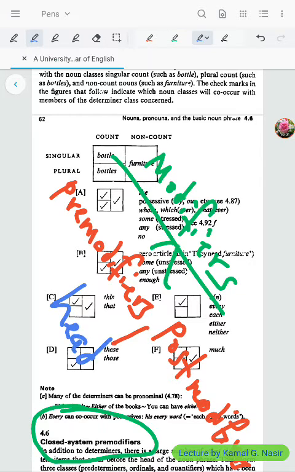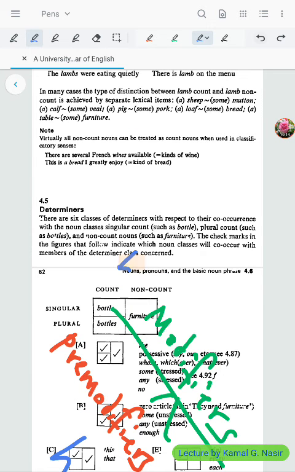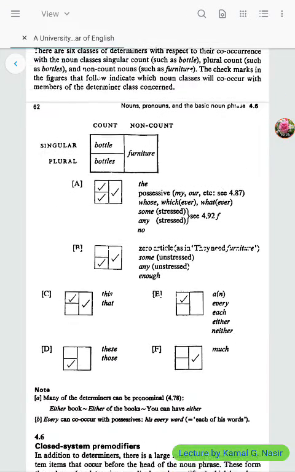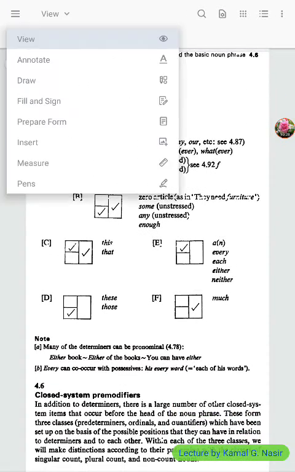Put in your minds that there is a head noun, and for example, we say the new year, or we say the happy new year.